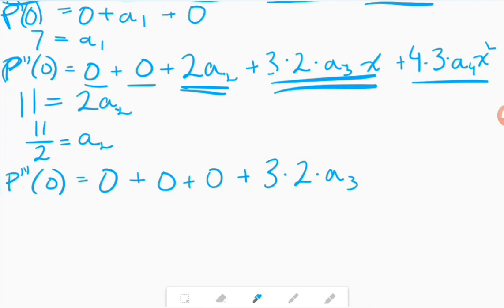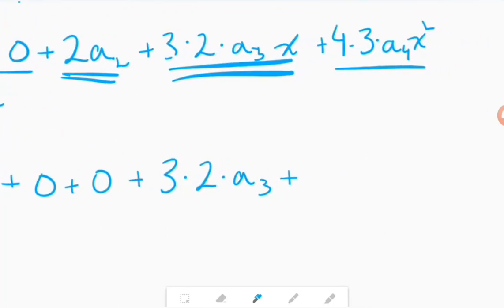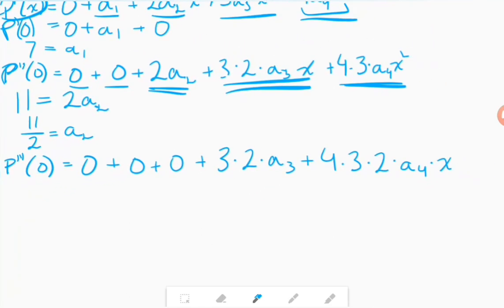And over here, the derivative is 4 times 3 times 2 times a sub 4 times x. When I substitute 0 wherever I see an x, this term cancels out.